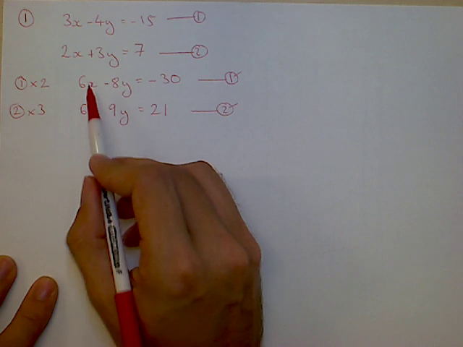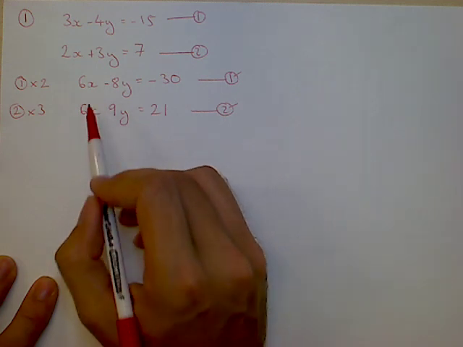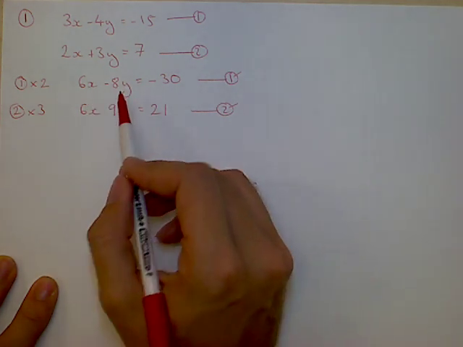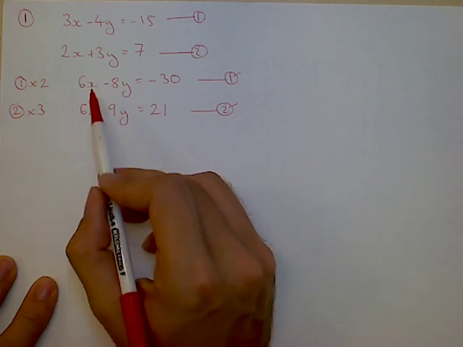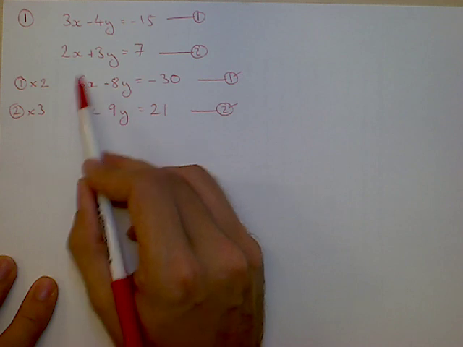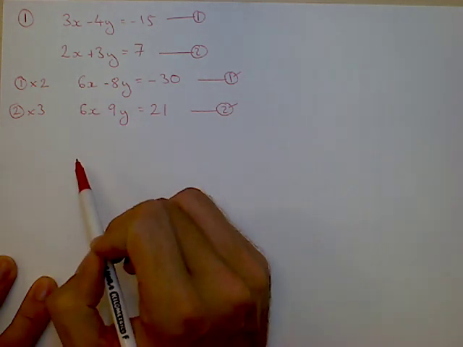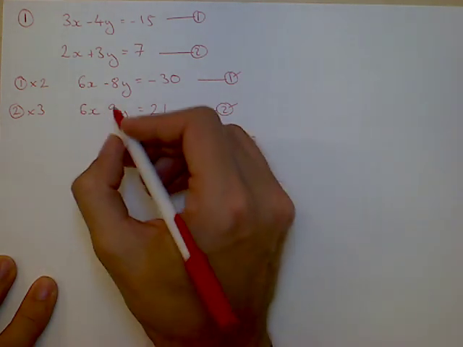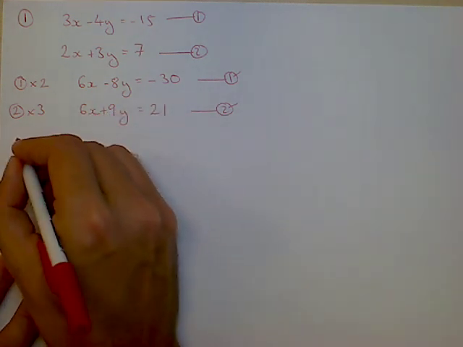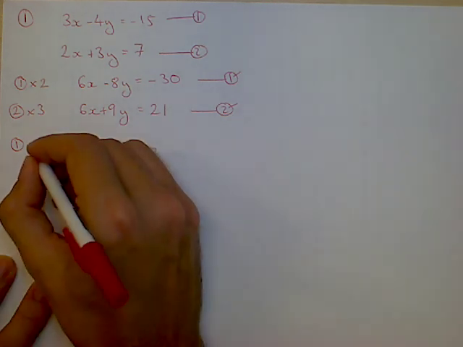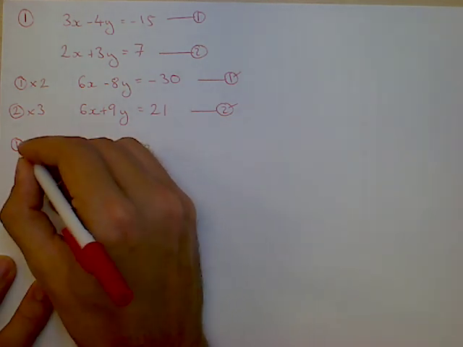I then have to look at what I would need to do to the two equations in order to cause the elimination to happen. Sometimes I might be adding the two equations together, but in this case I need to subtract them, because if I do 6x take away 6x, I'll have no x's. So I'll take equation 1, and I'm going to subtract equation 2.